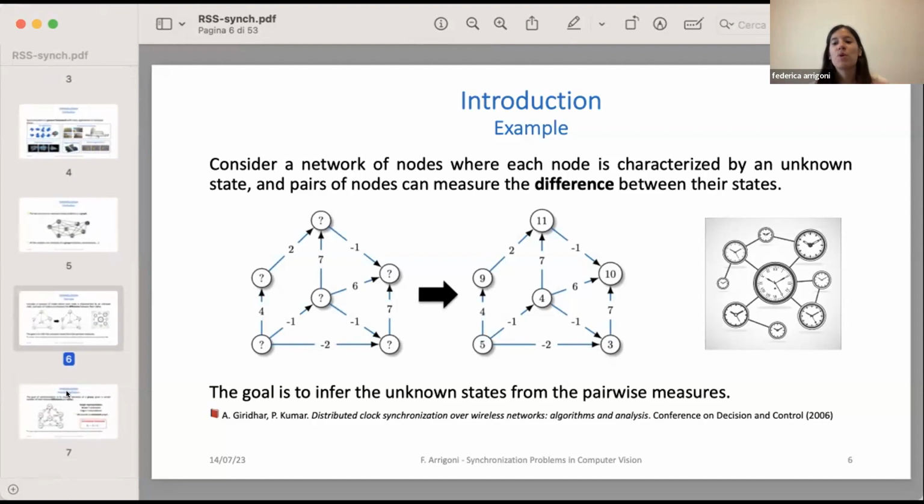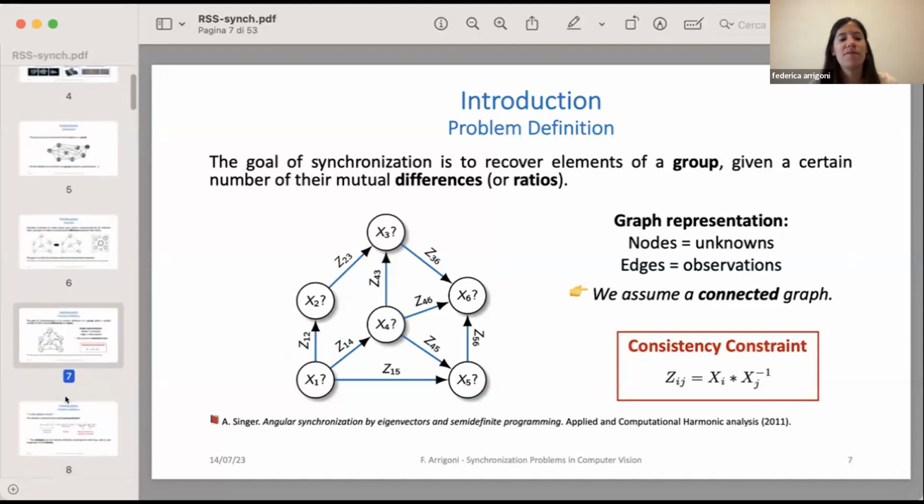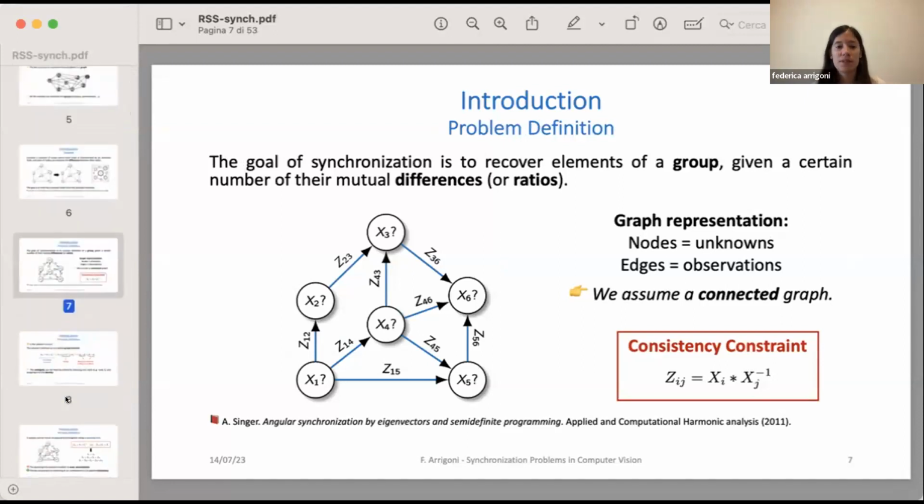Starting from this example, we can generalize this problem, and instead of real numbers, we can consider a group that has an operation. And hence we have the general definition of synchronization, where the task is to recover these elements of a group starting from their differences or ratios, depending on how we call the operation.